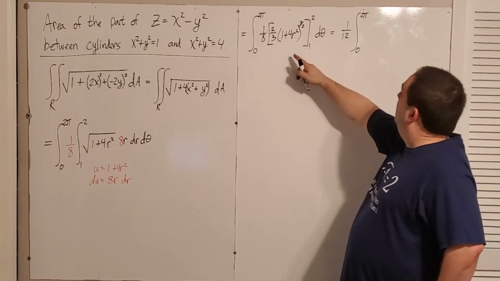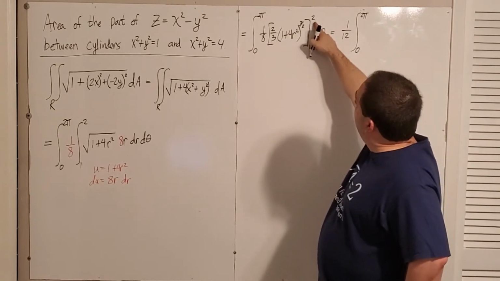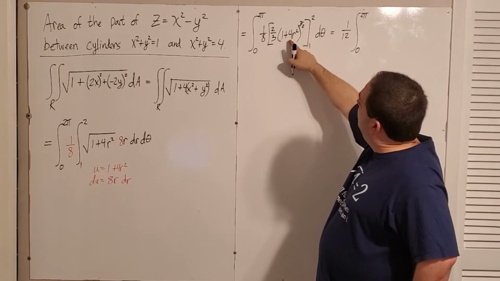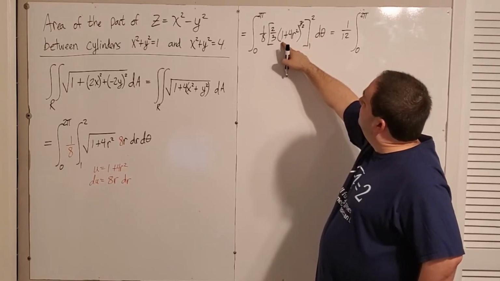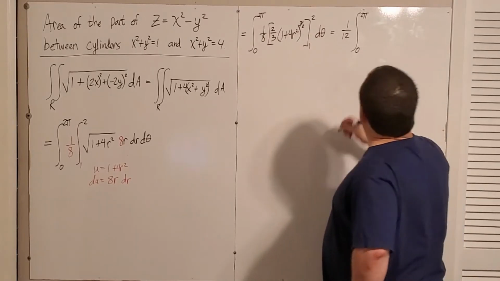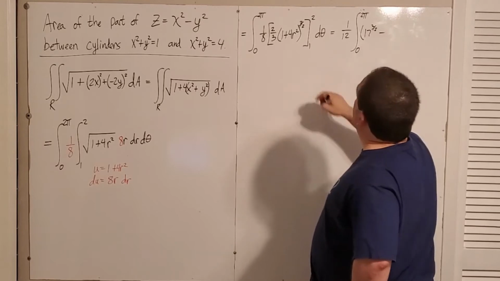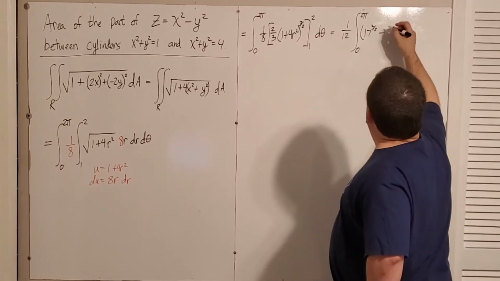I've got to plug in these numbers here now. If I plug in 2 squared is 4, times 4 is 16, plus 1 is 17 to the 3 halves. So I've got 17 to the 3 halves minus, if I plug in 1, I'm going to have 5 to the 3 halves.